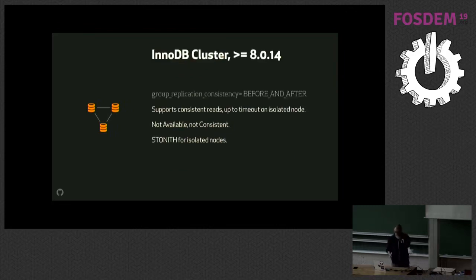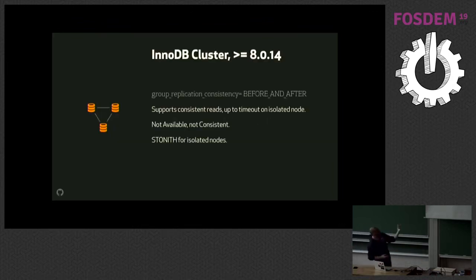InnoDB cluster, congratulations, Oracle. Released 10 days ago, a week ago, whatever. 8.0.14 with really interesting stuff in InnoDB cluster. It can now serve consistent reads. Not CAP consistent, I'm sorry. It is not an available system because of the same network partitioning problem.